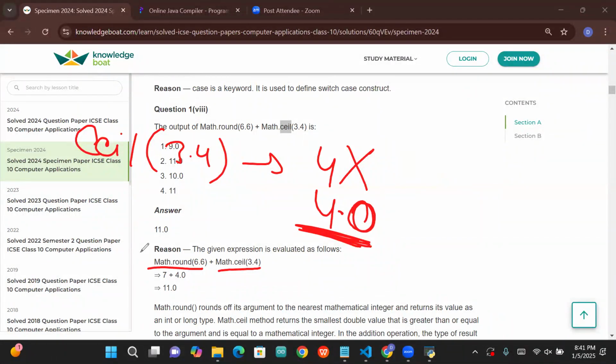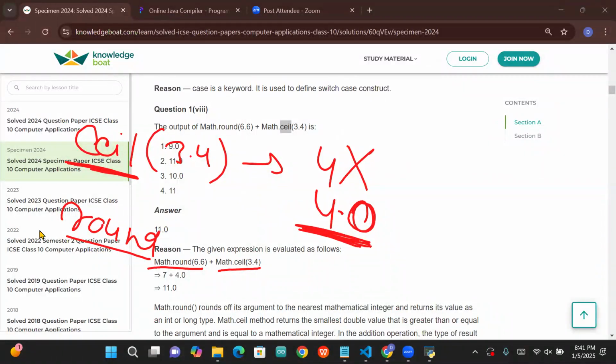They generally ask this question too, what value ceiling returns. Almost all the Math functions return double only. There is one exception, the round function, which returns an integer value.